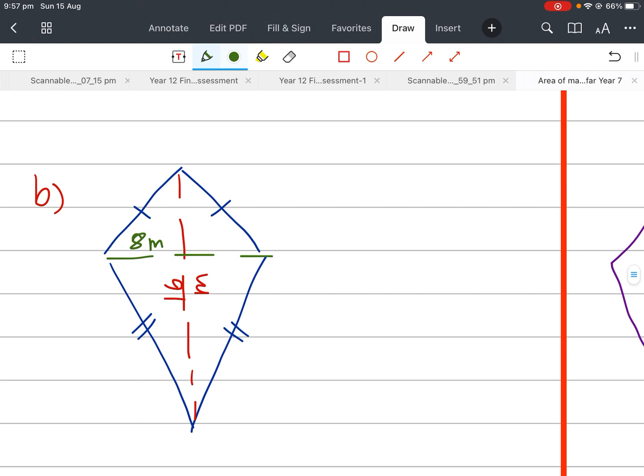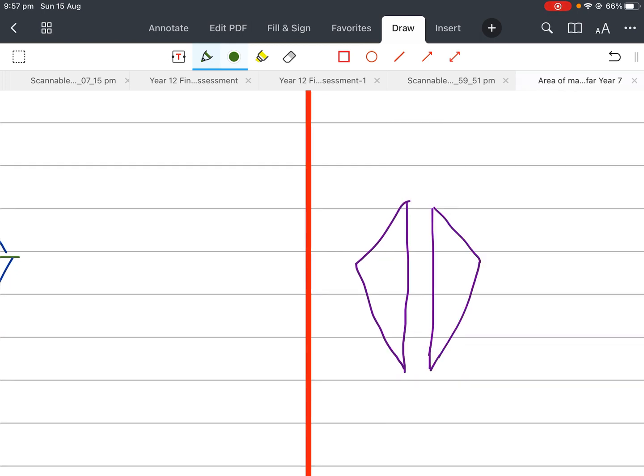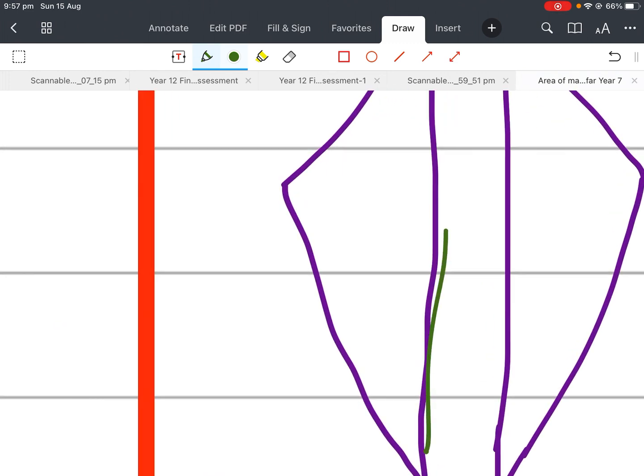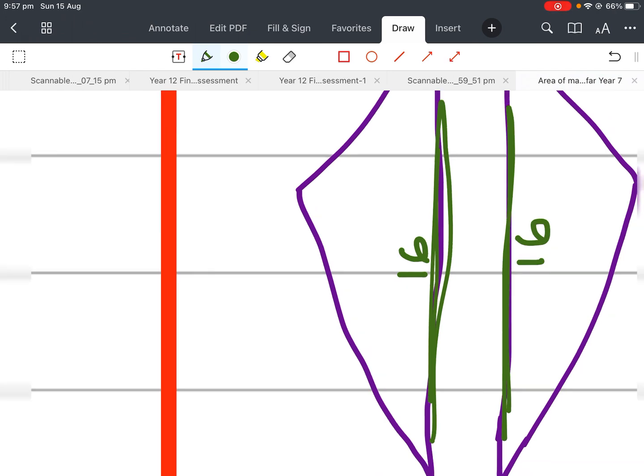Okay, now I did a kite because it's actually the same thing. Notice it's got 2 diagonals. You can do the same thing over here. You can cut the shape in half. So I'm going to use this as the base, that's 16. Make that a bit smaller.